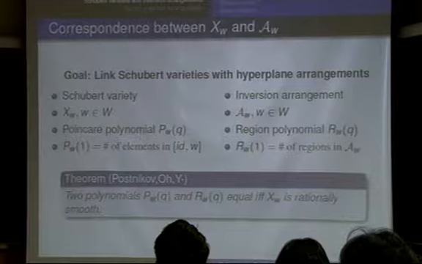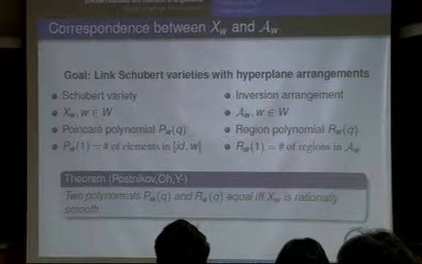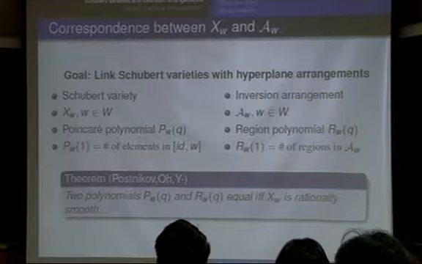Our first theorem: Postnikov appears as well, but the three of us proved this for type A case at first, and Suho and I proved the other cases later.